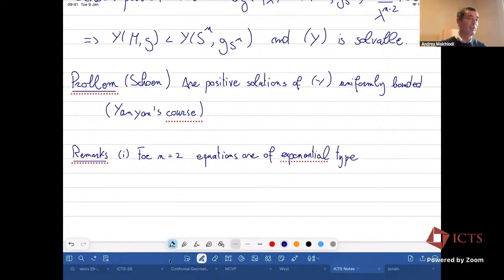And even within the organizers of the event, there are experts in this kind of equation.